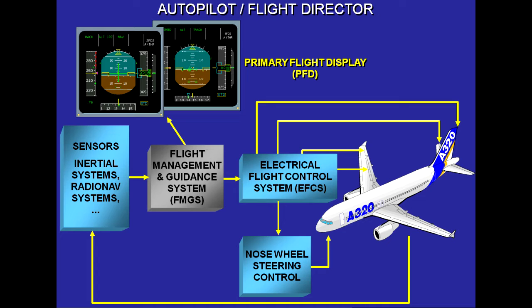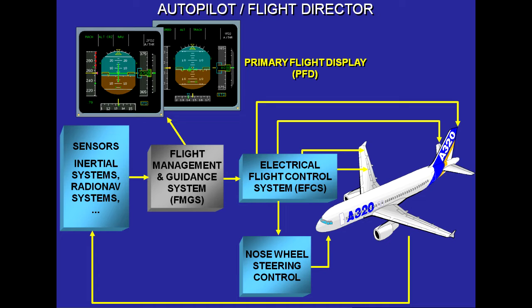The autopilot function gives orders to control the position of the control surfaces on the three axes, pitch, roll and yaw, and the nose wheel steering.